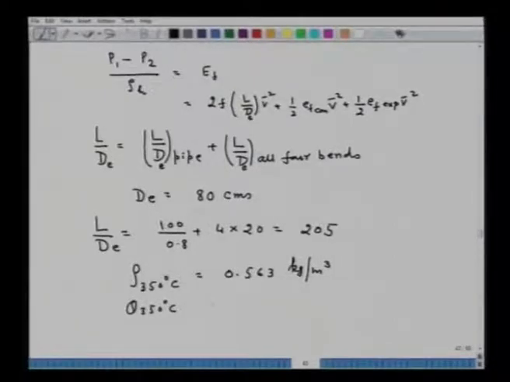And from Q we calculate V bar, and I request you to calculate V bar, and this value of V bar will come out to be equal to 20.42 meter per second.